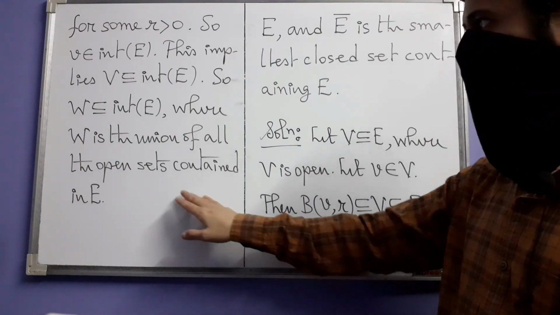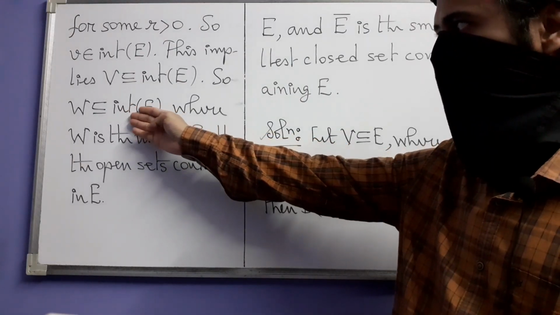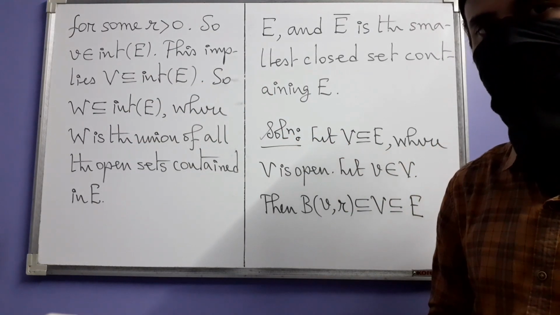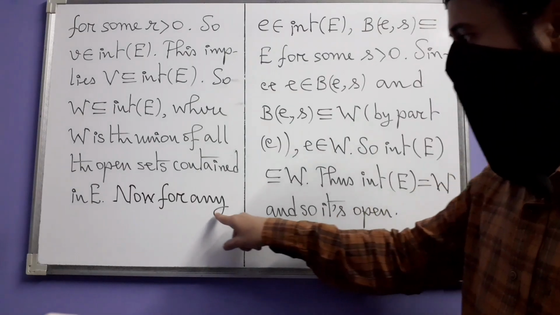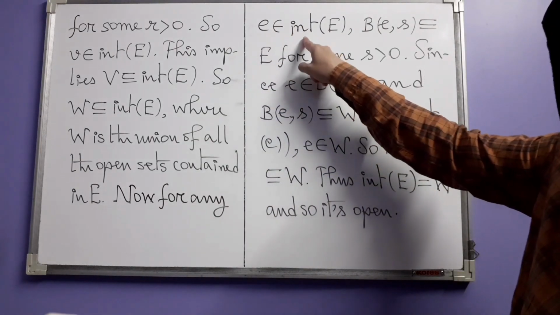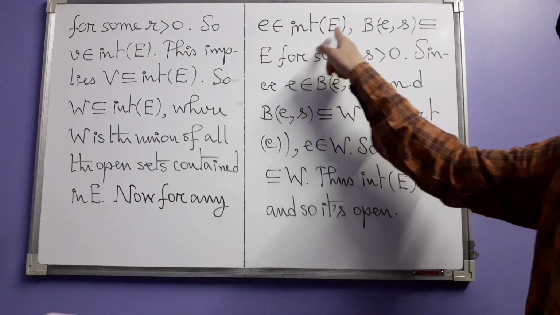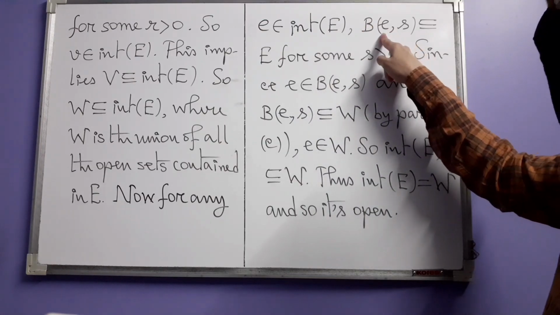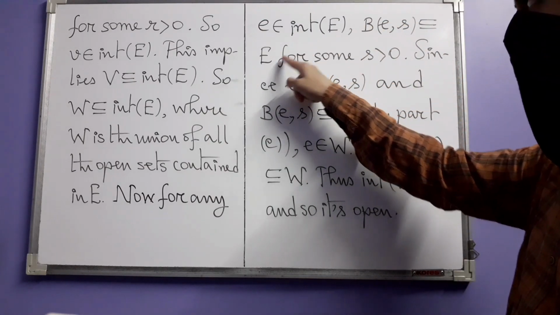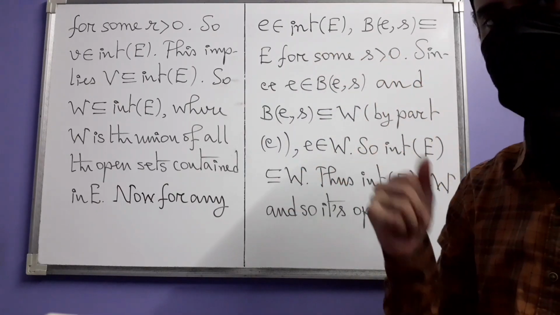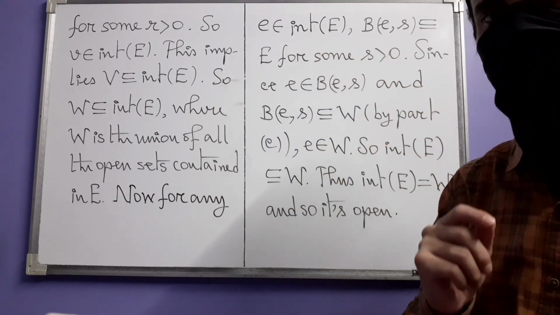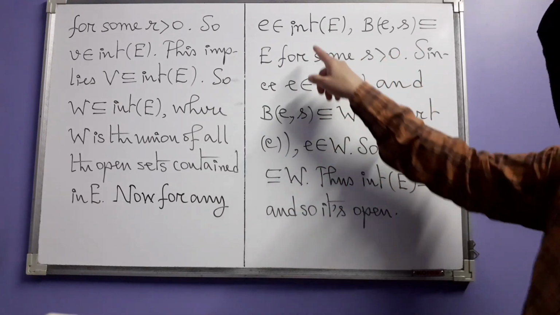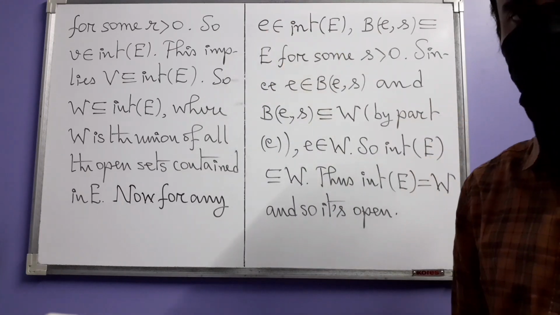But now, how do we use this to show that the interior of E itself is open? Let's see. Now for any element e in the interior of E, there exists a ball B(e, s) centered at e, which is entirely contained in E for some radius s, which is a positive real number. But why? Well, that comes from the definition of interior point.